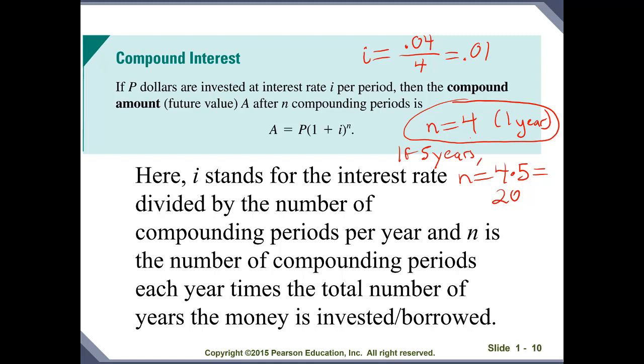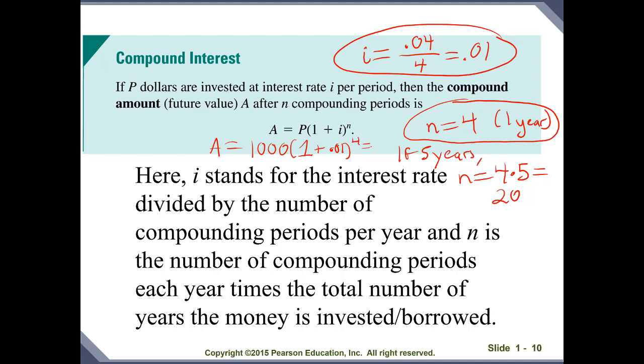So what we do then is we just have this formula. For what I just did on the previous page, my principal was $1,000 times 1 plus, and I figured that out up here, 0.01, and then I figured n here to the fourth.